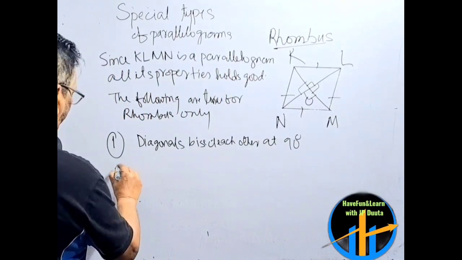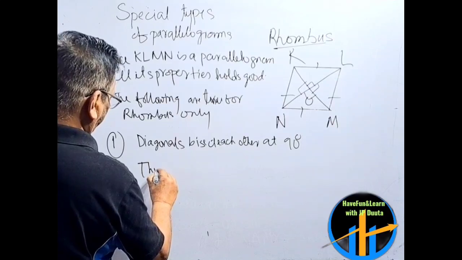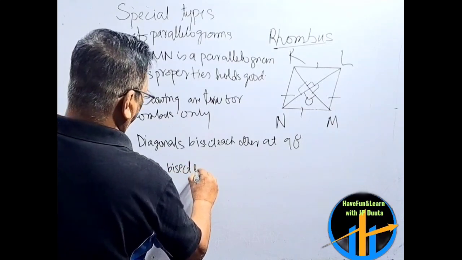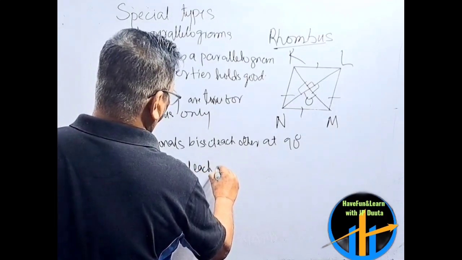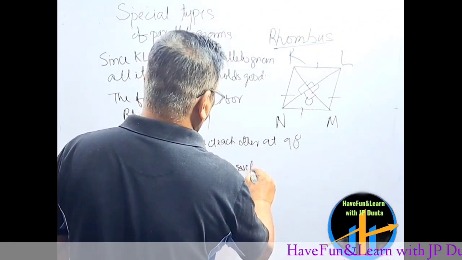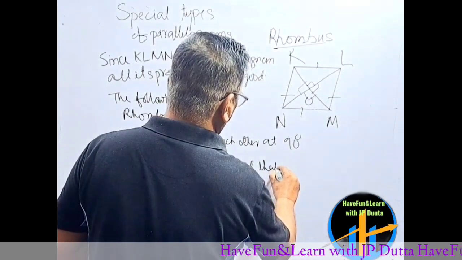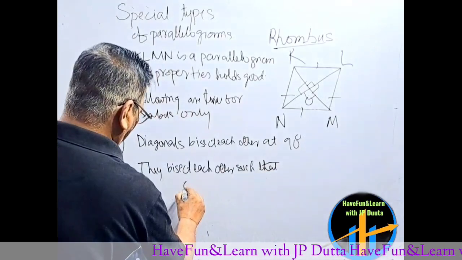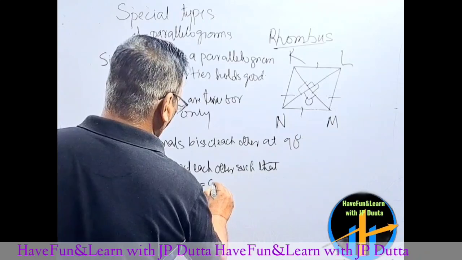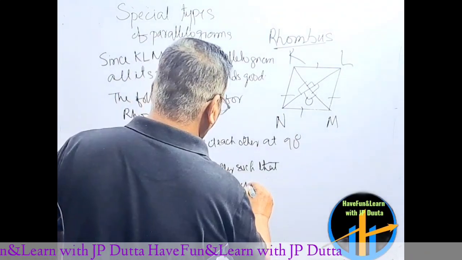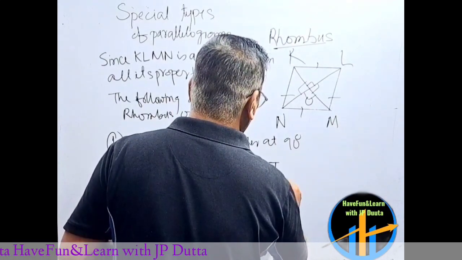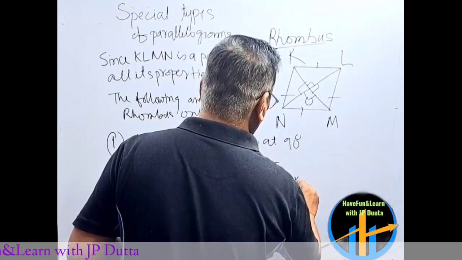Number two, they bisect each other such that ON is equal to OL and OM is equal to OK.